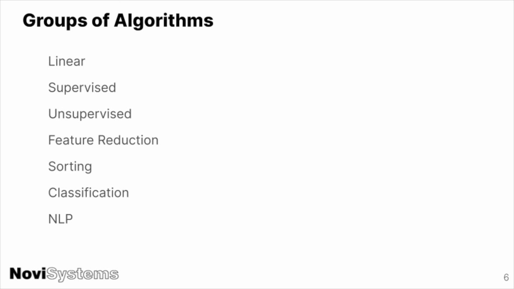Feature reduction is to say, well, if I have a large number of attributes or columns in my table, is there a way for me to determine which of these is meaningful or not? And there are a number of algorithms that do that. You may have heard of PCA or k-means.